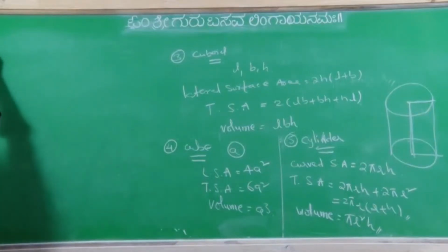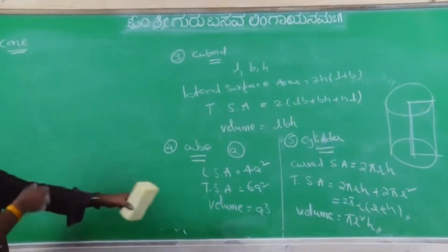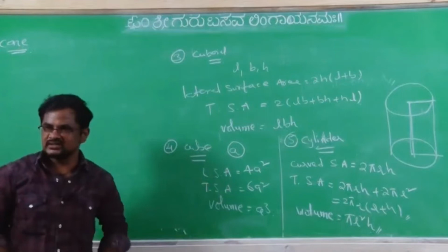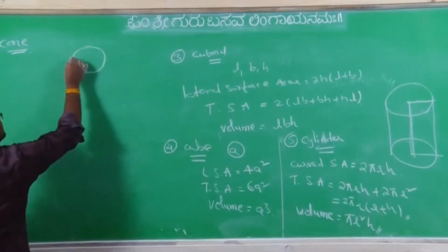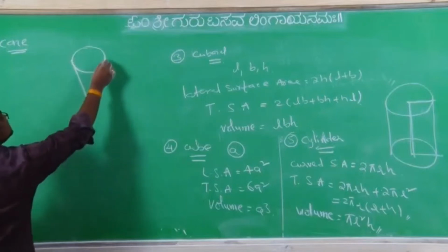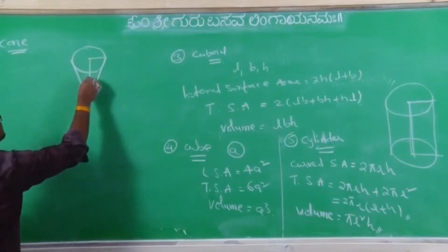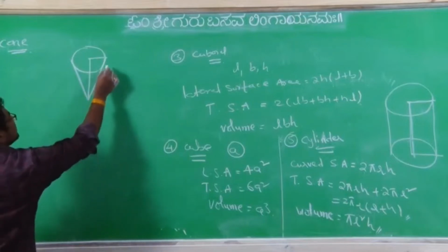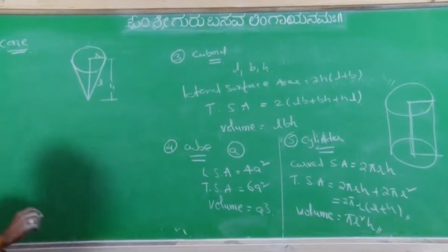Next, cone. If you take one diagram like this, this is L, here it is H, this is R.